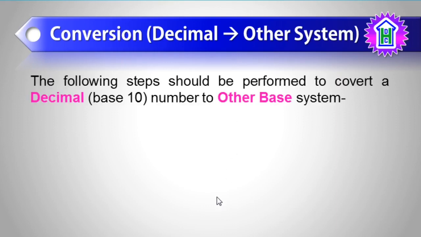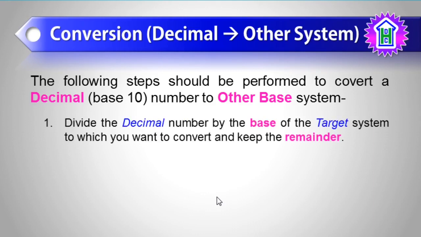The following steps should be performed to convert a decimal, that means a base 10 number, to other base. These other bases could be binary or octal or hexadecimal. The first thing we should do is divide the decimal number by the base of the target system.